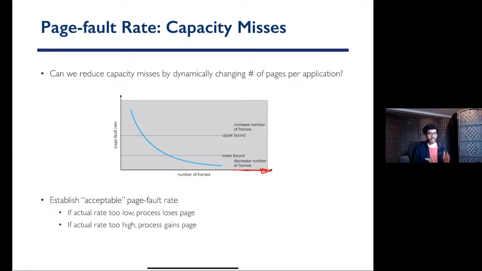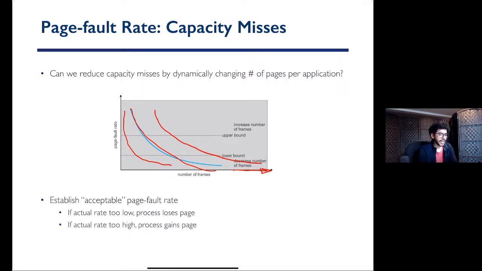Now, we could use this to establish what is acceptable for different processes. So not all processes have the same curve. For one process, this curve could be like this. For another process, the curve could be like this. For another process, the curve could be like this.